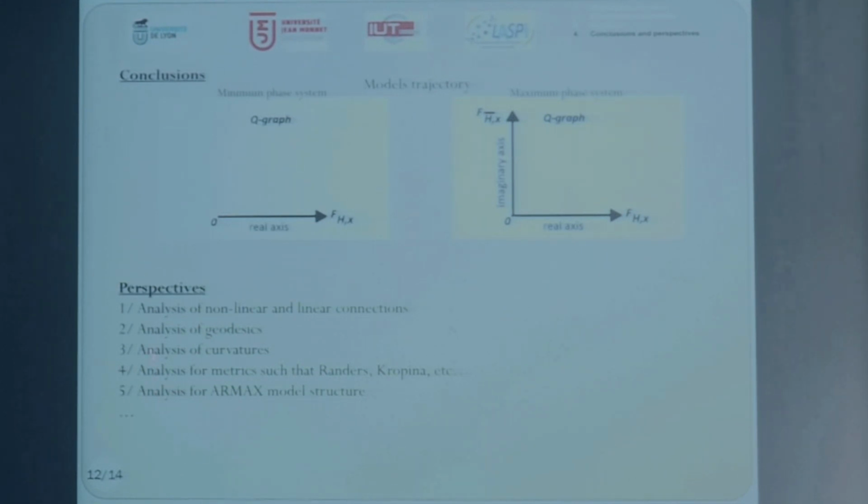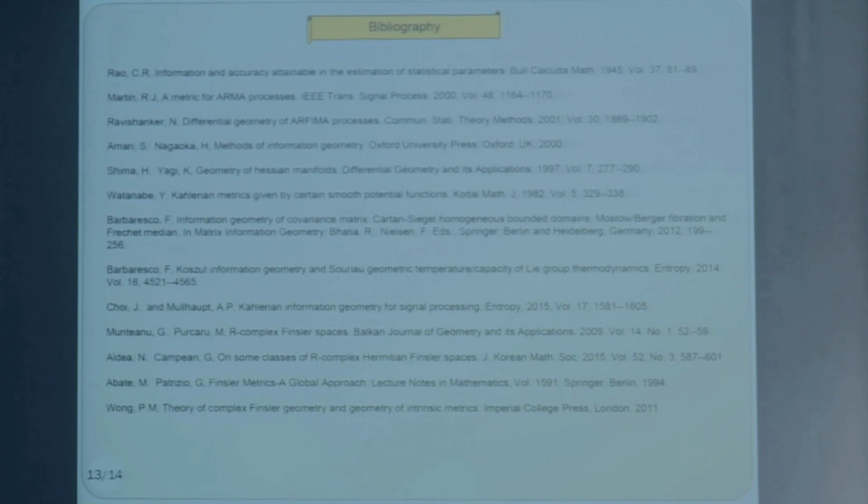The first part is to analyze the nonlinear and linear connection, and after that geodesics and curvatures, and maybe an analysis of metrics such as the Randers metric or the Kropina metrics, and another system model structure such as ARMAX. Okay, it's very large. Okay, this is the bibliography. Okay, thank you.